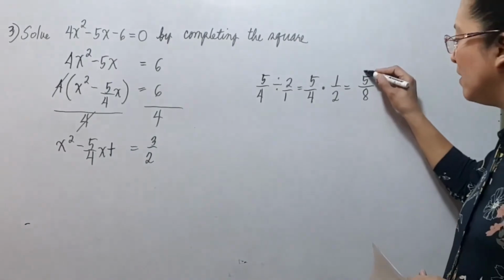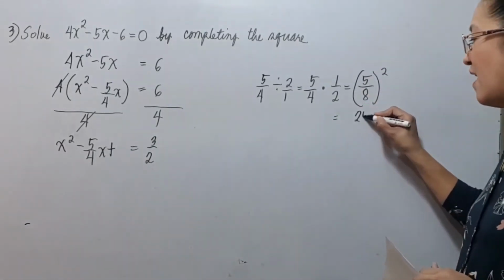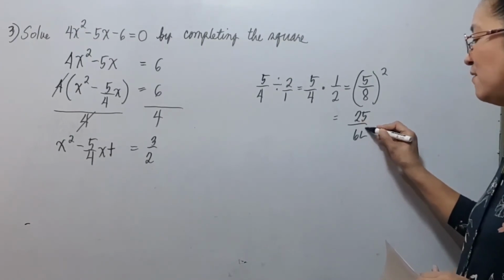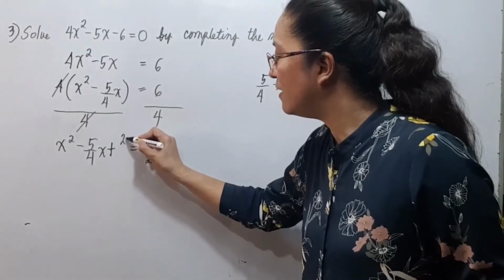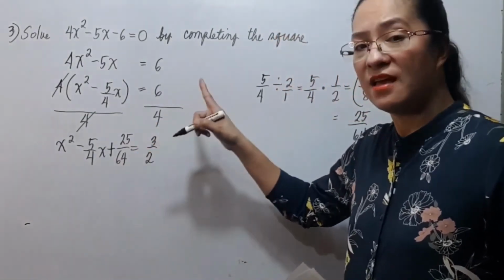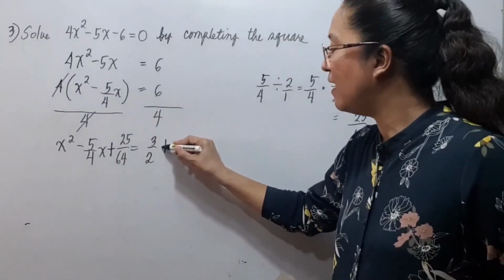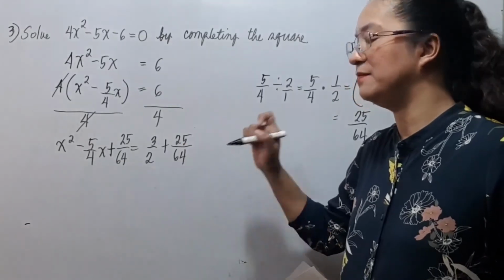Okay. Now, you are going to square it. So, we have 25 over 64. So, we have to add 25 over 64 dyan. Ganon din sa kabila. Plus 25 over 64.